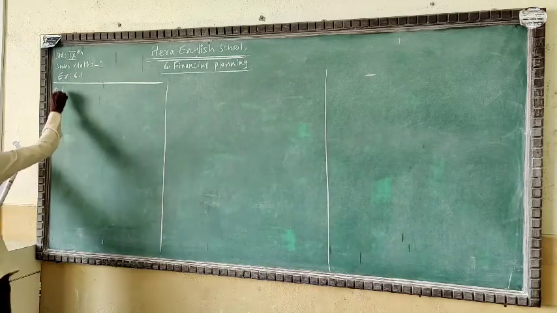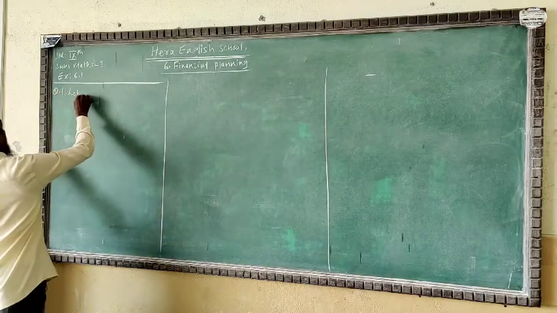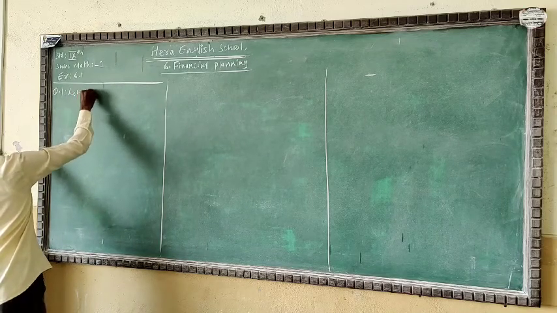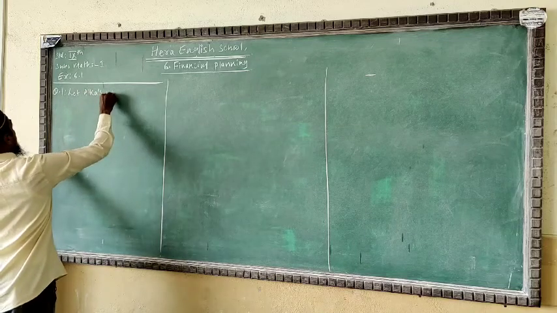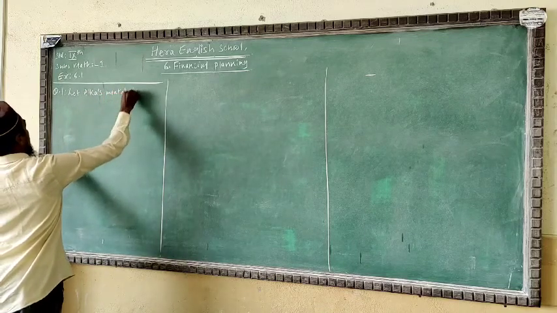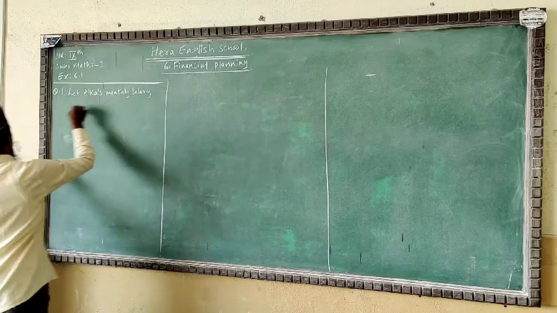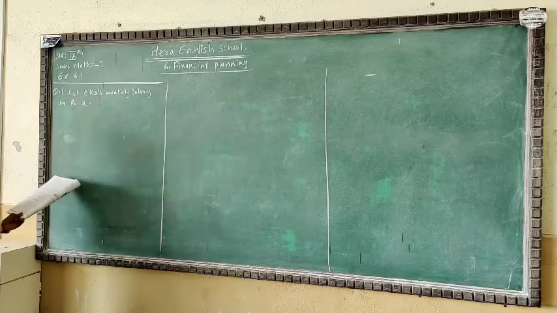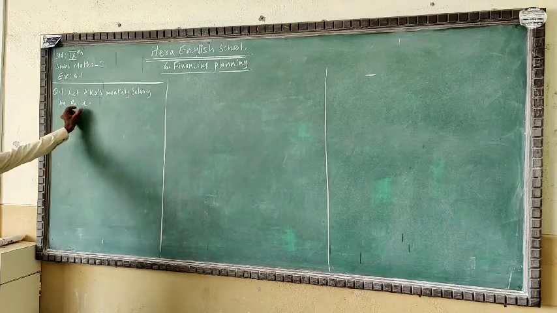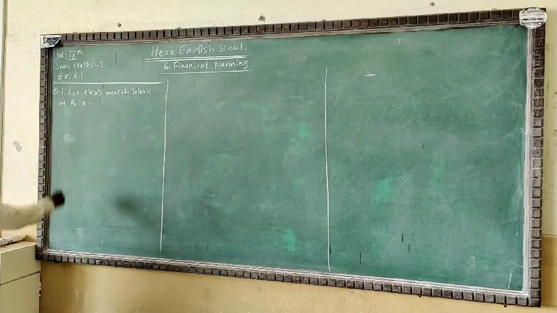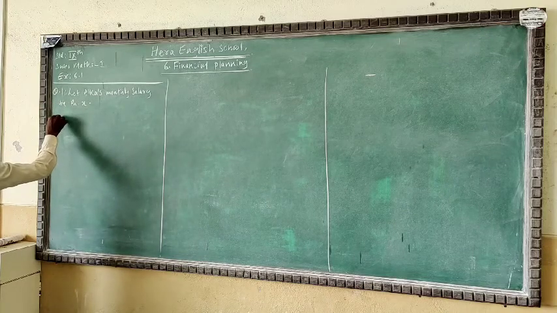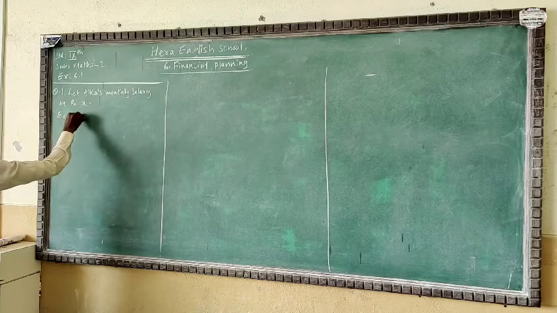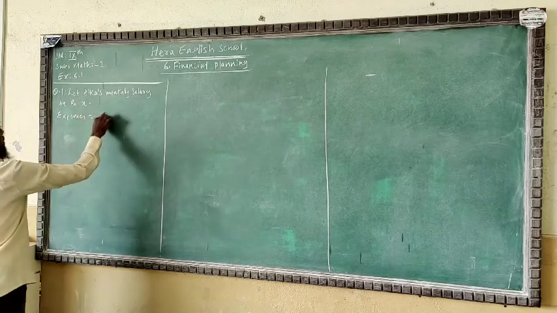We'll suppose this question. Let Alka's monthly salary be rupees X, and the monthly salary we have taken here is X. The 90% she spends, her monthly expenses, is equal to 90% of the salary.